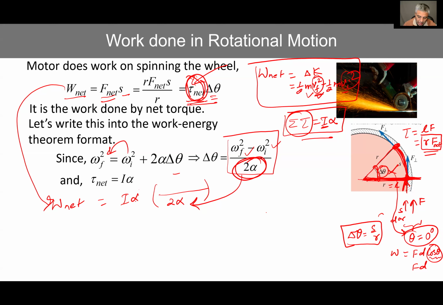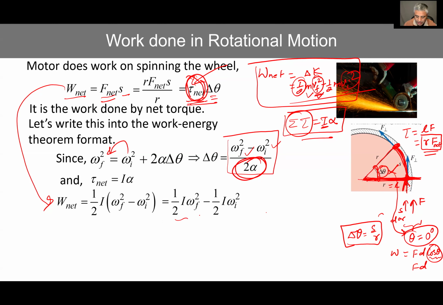So this alpha here and alpha here cancel, and there is 2 and there is I. Hey, there was a 2 for the translational case in the denominator, or half, right? Same thing here. So we are getting the same, or I should say a similar equation, and that's what I'm writing here, okay? So now if I open this, this is final kinetic energy, and this is initial kinetic energy.